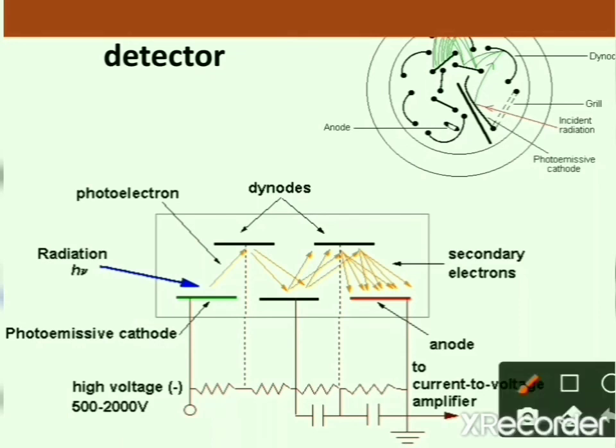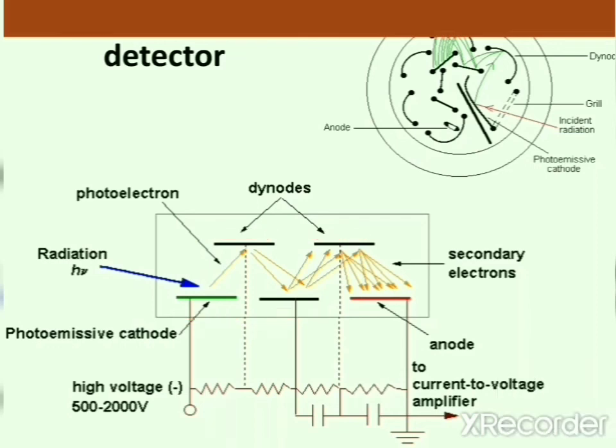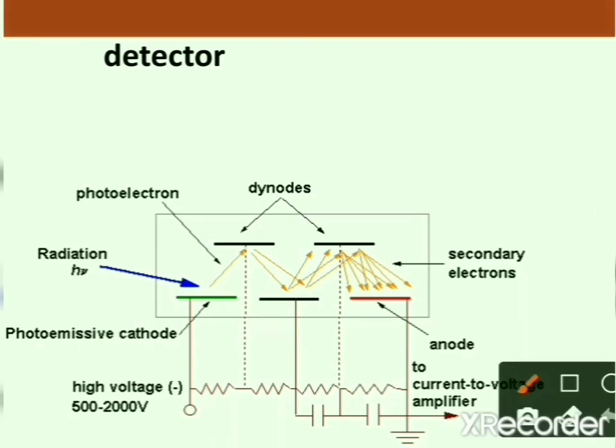The primary photoemissive cathode is photosensitive. Different diodes are positively charged. These diodes are charged with increasing potential of 75 to 100 volt higher than preceding one. Now last one is the collector electrode, which collects the electrons.